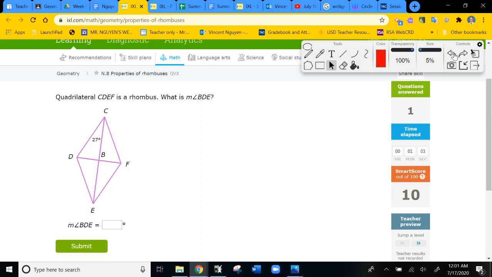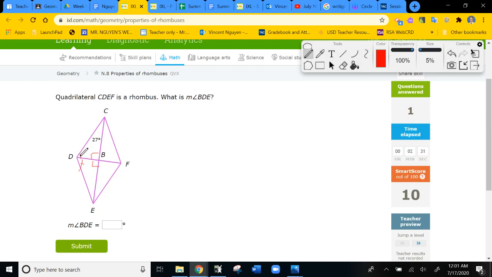Okay, next problem. Is it repeating? It's starting to repeat. I'm going to skip around. So they want BDE. Yeah, it's the same problem. So we want to know this angle down here, BDE, right? This is a 90, and they want us to find this angle because they're the same, right?